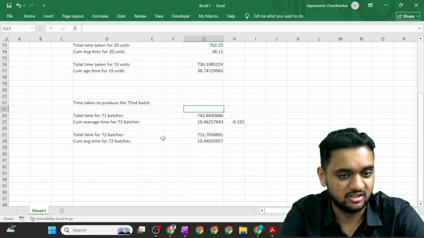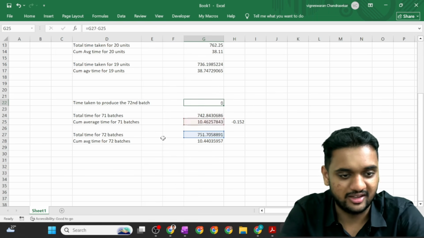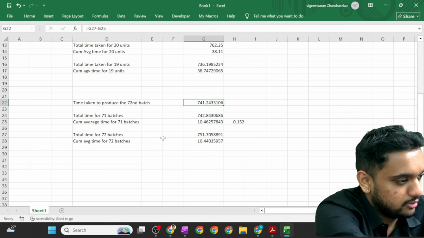We found the total time for 71 batches and for 72 batches. If you subtract both, you will get the difference, the time for the 72nd batch. How do you do it?